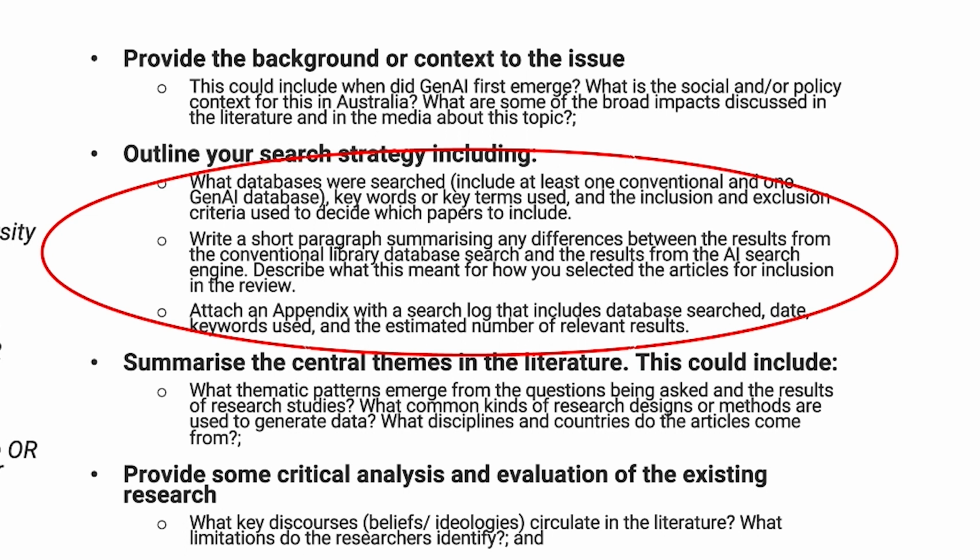And they also have to keep a search log where they talk about the keywords they used, the database they searched, the number of results, and include that as an appendix to this. And that way they're also disclosing directly which databases they're drawing from.